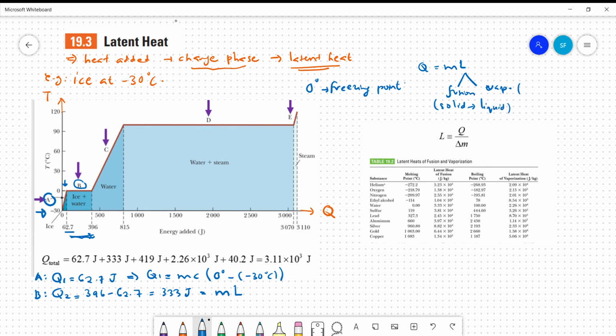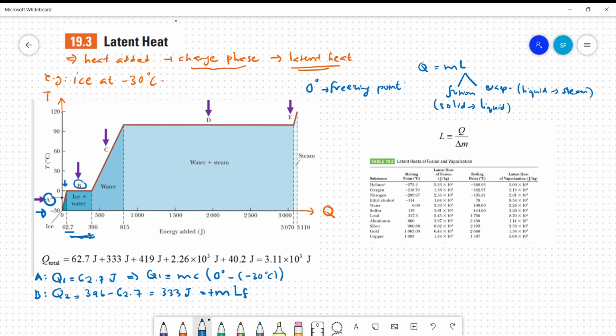For vaporization, it is when liquid changes to steam or gas. So this L refers to the latent heat of fusion, Lf. Since here the phase changes from solid to liquid, this is positive mL. Conversely, from liquid to solid, it will be negative mL. So please take note.